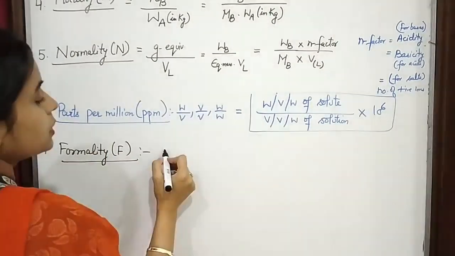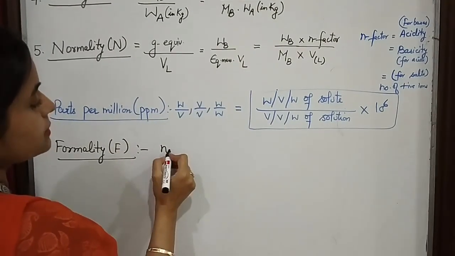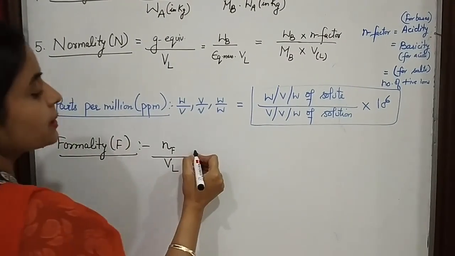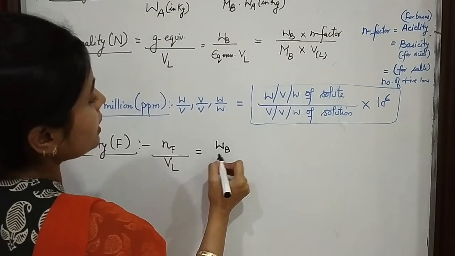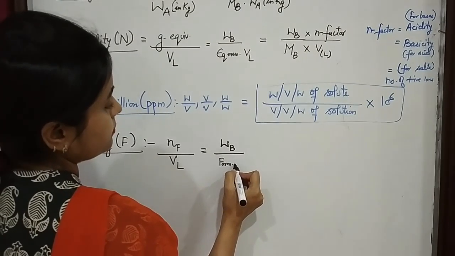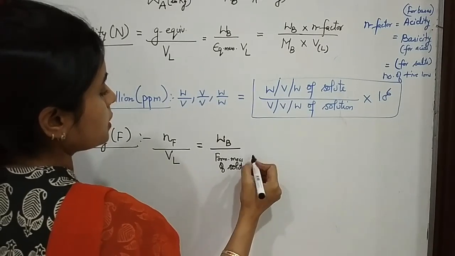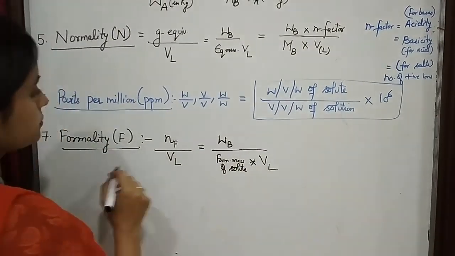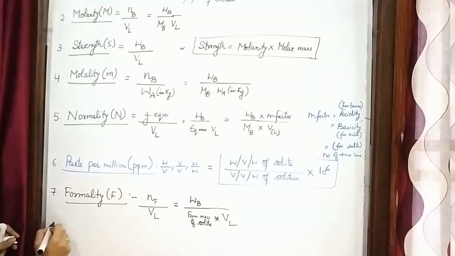It is equal to number of moles or formula moles present per liter of solution, and number of formula moles is equal to mass of solute upon formula mass into volume of solution in liters. Percentage molarity strength. So I think this is all.